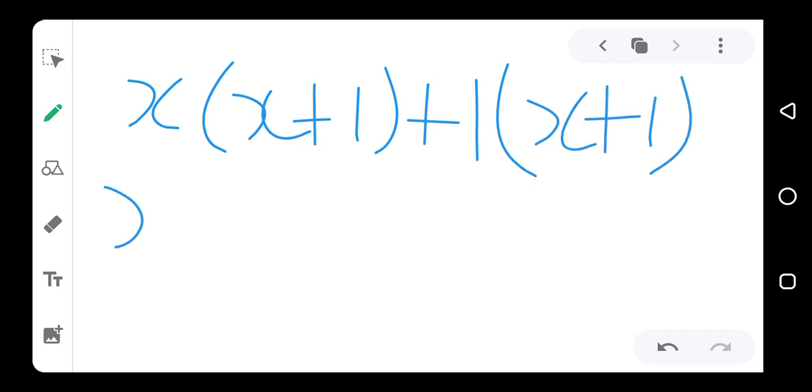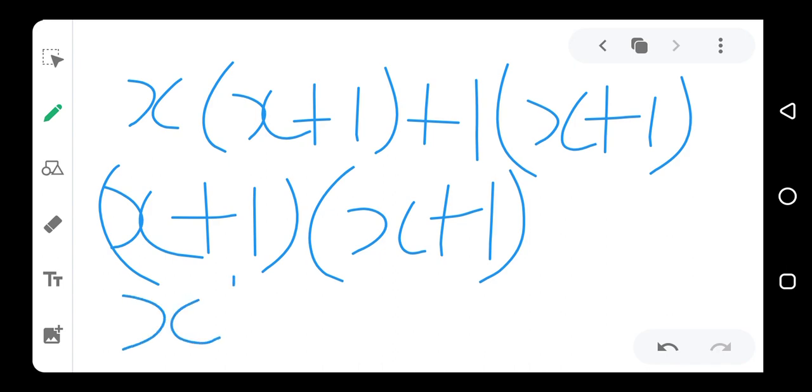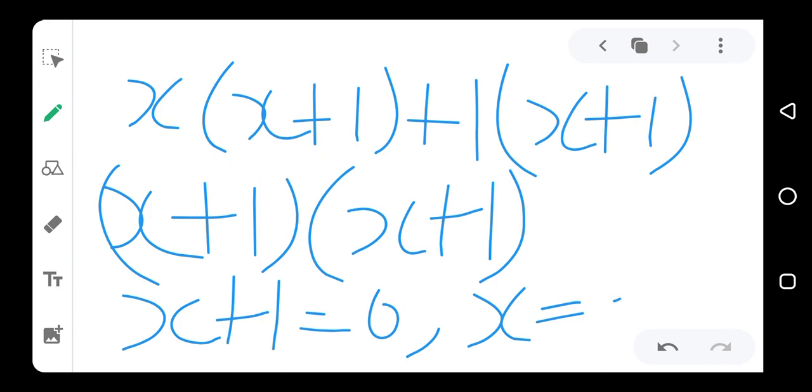So we collect the ones outside the brackets, x plus 1, then we take one of the brackets, x plus 1. So it means that we have just one root for it, which is x plus 1, and that means that x plus 1 is equal to 0, and that means that x is equal to minus 1.